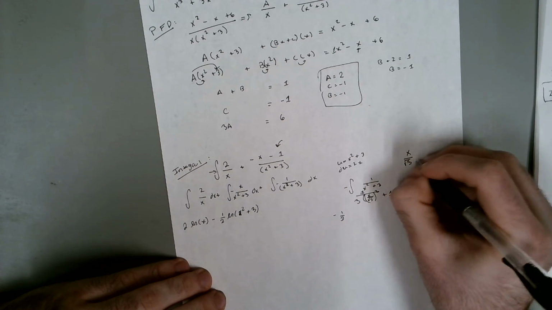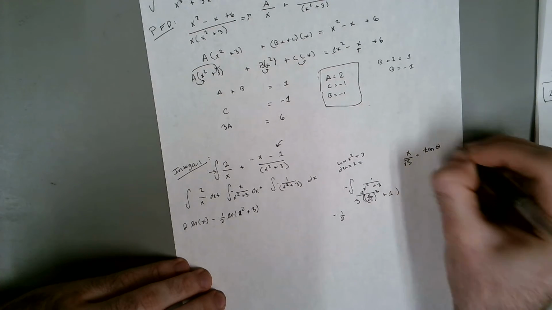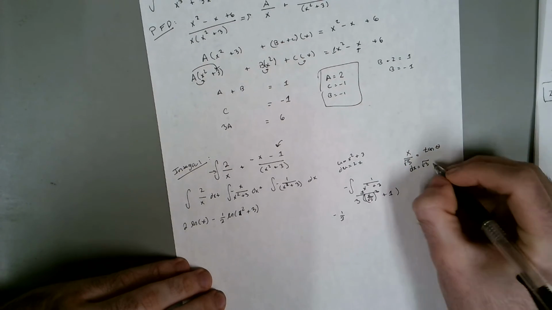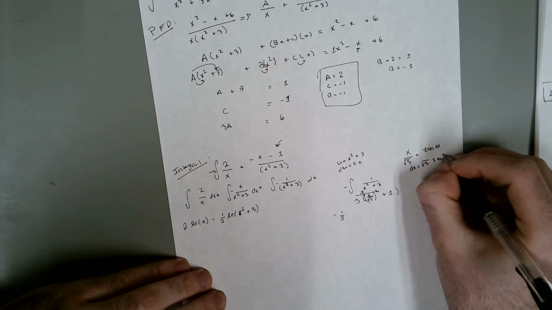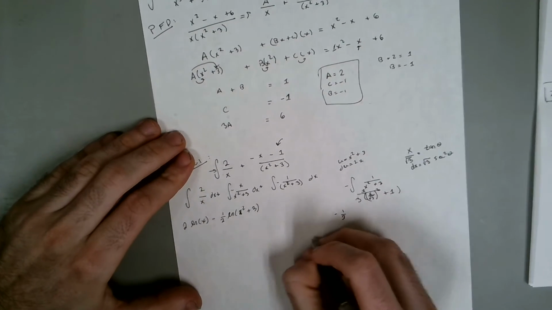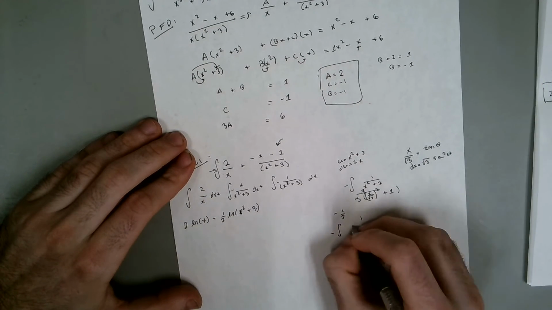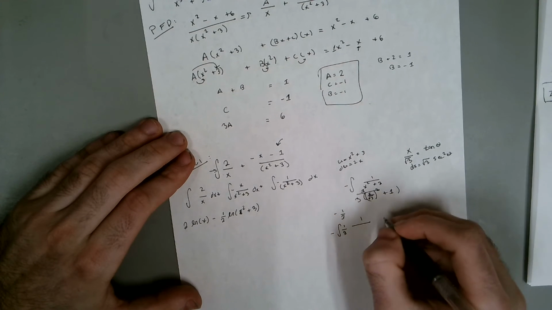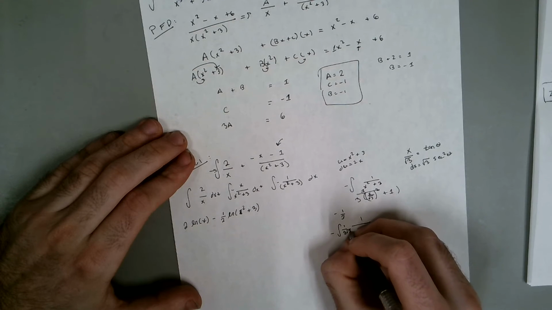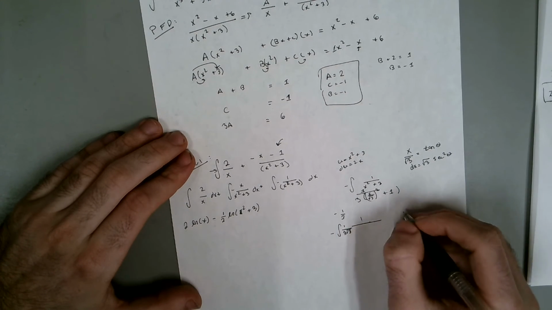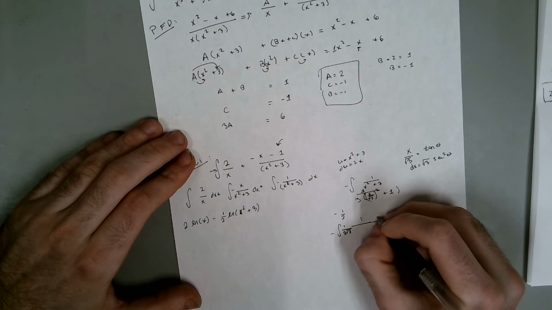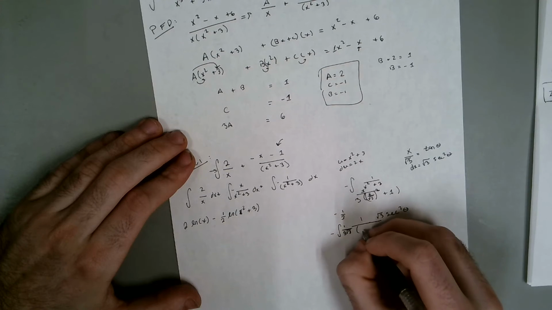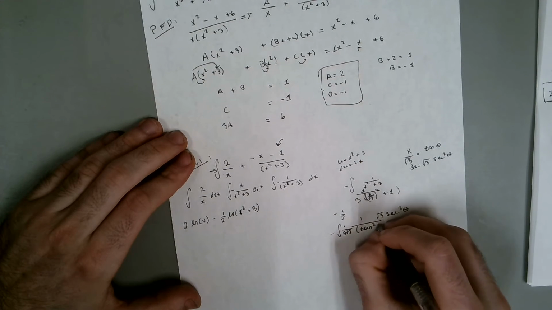And then we're going to have x over the square root of 3 is equal to tangent of theta. dx is equal to the square root of 3 secant squared theta. So now we're going to plug those in. We'll get minus the integral 1 over 3, right, times the square root of 3, and then we'll have a square root of 3 secant squared theta, over tangent squared theta plus 1.